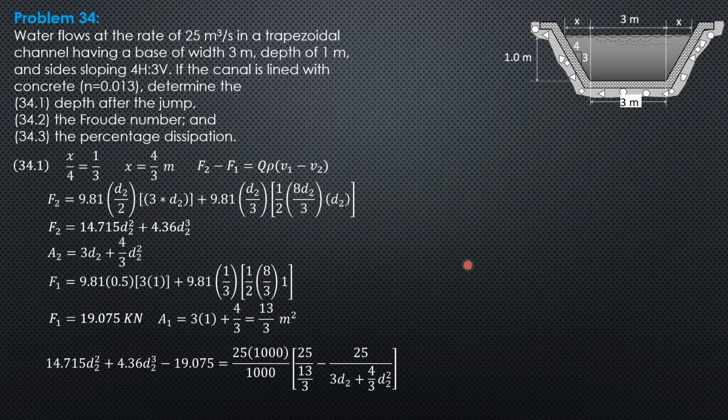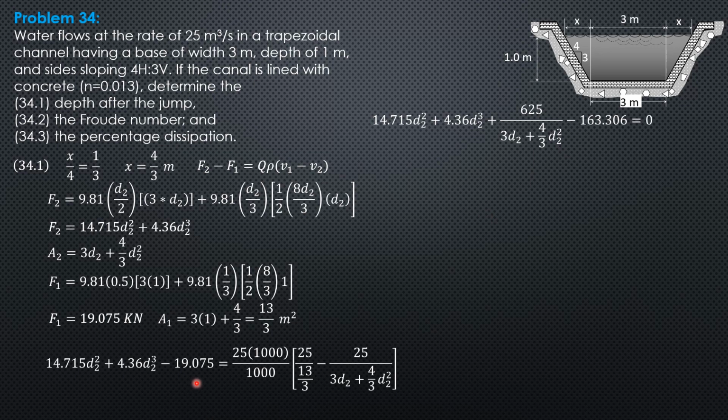So simplifying, 14.715 d sub 2 squared plus 4.36 d sub 2 cubed. Then 25 times 25 is 625 over quantity 3d sub 2 plus 4/3 d sub 2 squared. So that becomes plus because that's negative. Transfer it to the left.